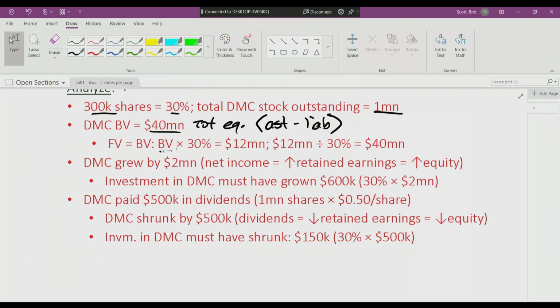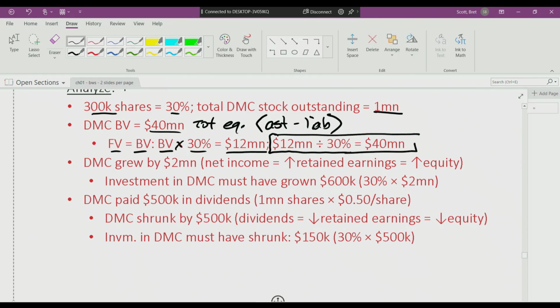And if the book value that I bought multiplied by 30% equals 12 million, I can rearrange the equation to say, look, 12 million divided by 30% equals 40 million. In other words, I took a 30% chunk in the equity of the business. Let me talk about what that looks like here.